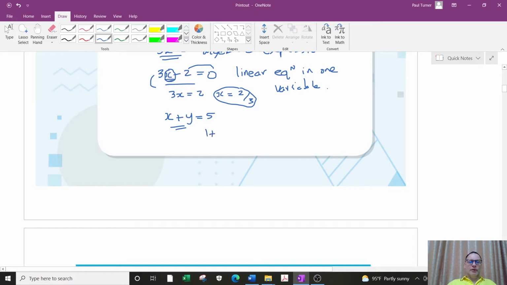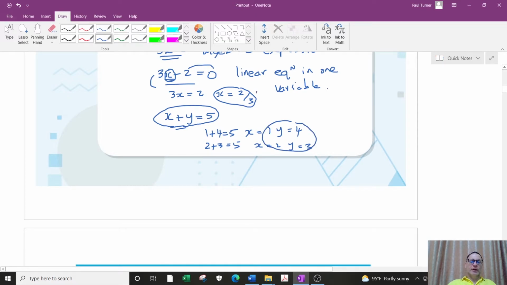You could have 1 plus 4. So in this case, x equals 1, y equals 4. You could have 2 plus 3, which is also equal to 5. So then x is 2, y is 3, etc. So when you have two variables, but one equation, we have multiple answers, so more than one answer.